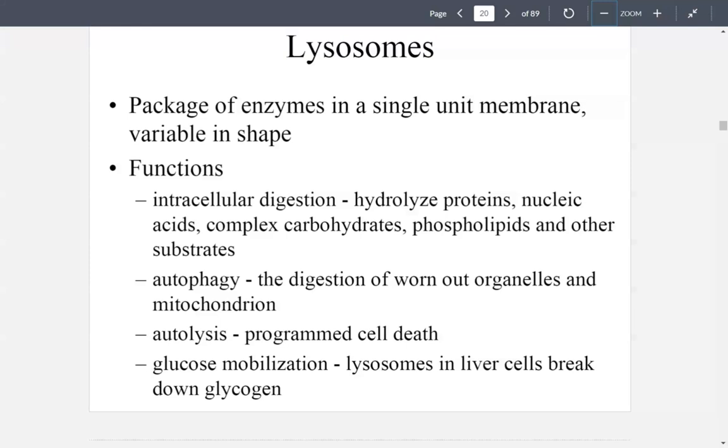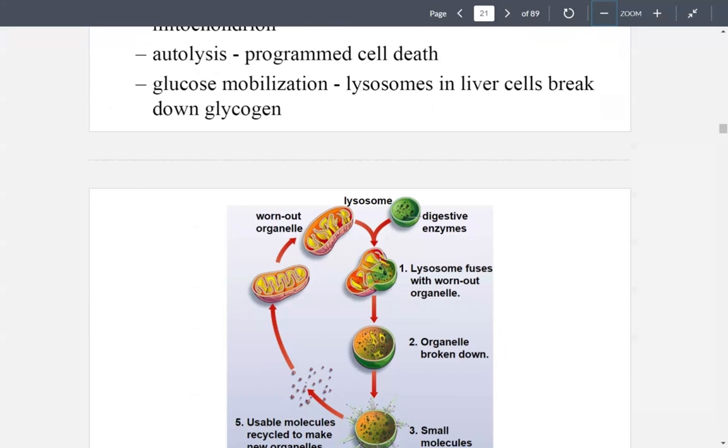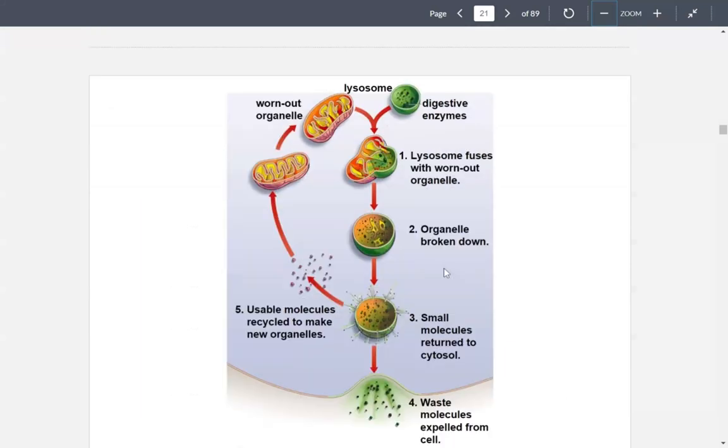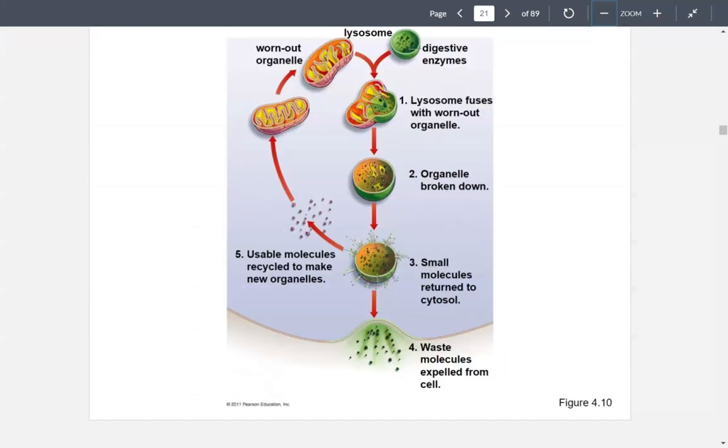These ones tend to be found in the liver and help cells break down glycogen into usable glucose molecules. So what a cell has and what enzymes are in these lysosomes all depends on function.